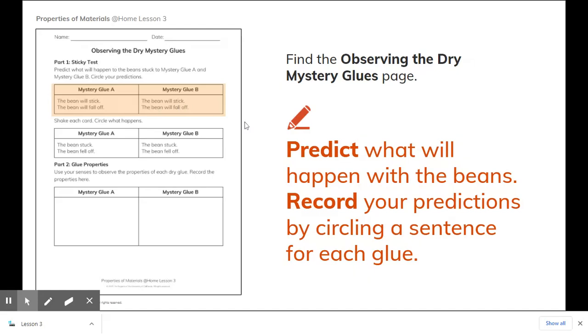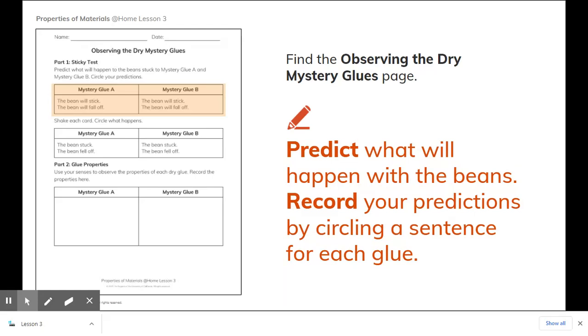You are going to circle either the first or second sentence for each glue. Now, it's fine if you think the same for both of them. You could circle the bean will stick for both A and B. You could circle the bean will fall off. A bean is too big to be stuck in glue. You could circle that for both of them. It's up to you. What do you think?